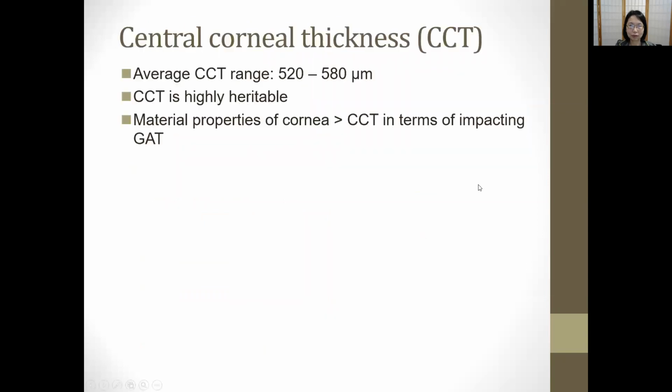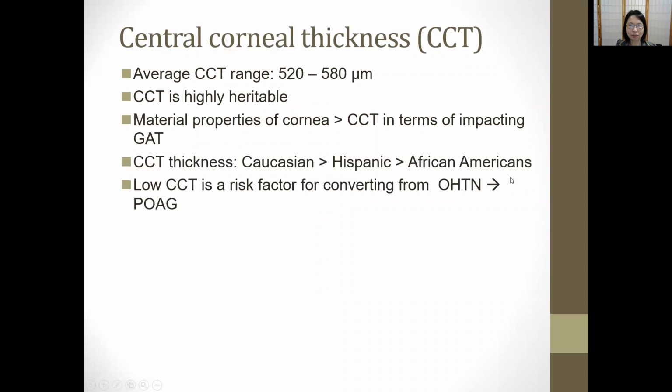So central corneal thickness, or CCT, averages between 520 to 580. It is highly heritable, and as I mentioned earlier, the material property is probably more important than CCT in terms of impacting both the IOP measurement and also probably risk for glaucoma.